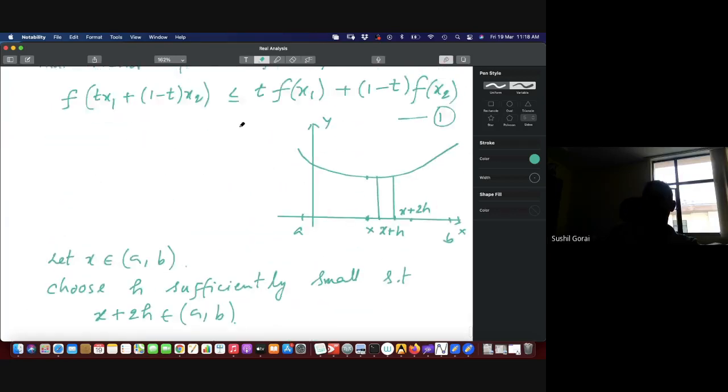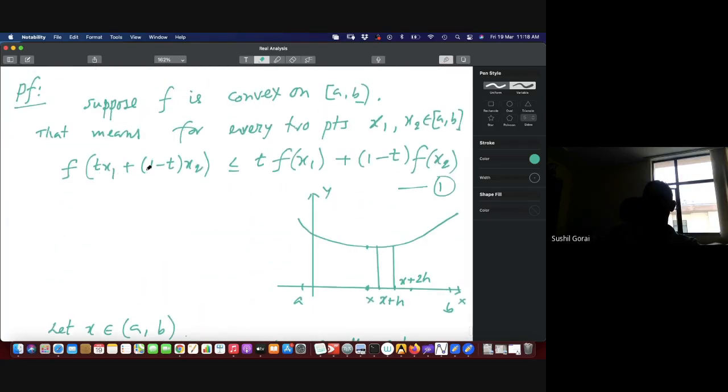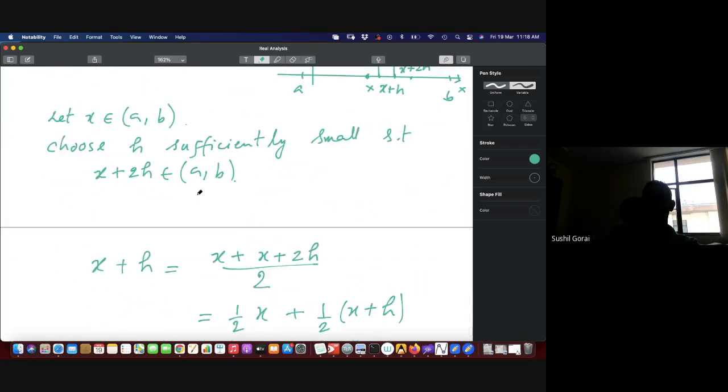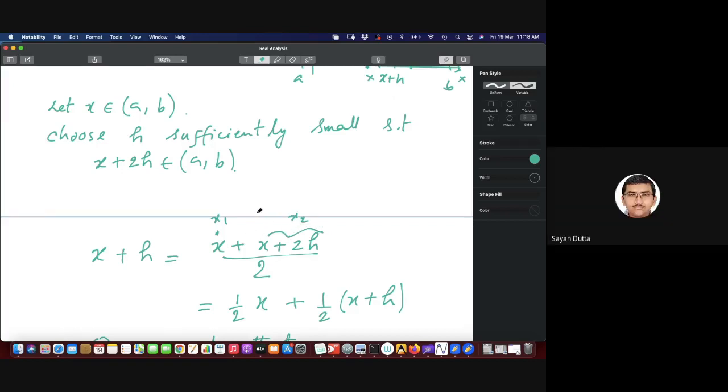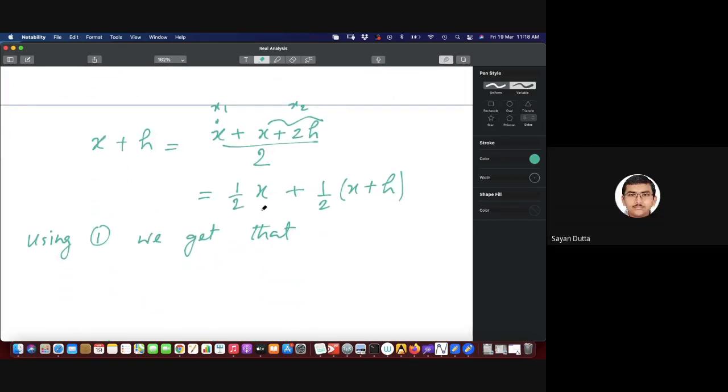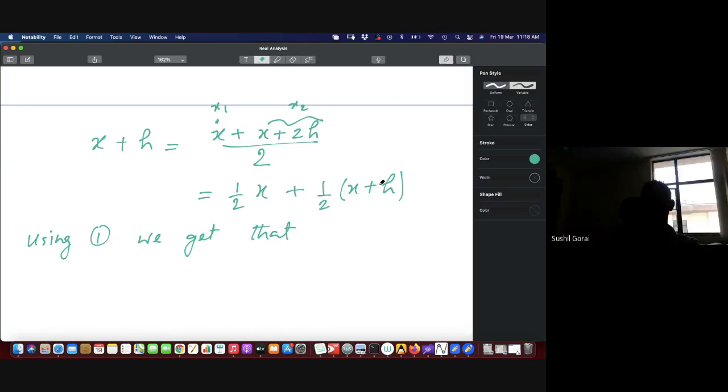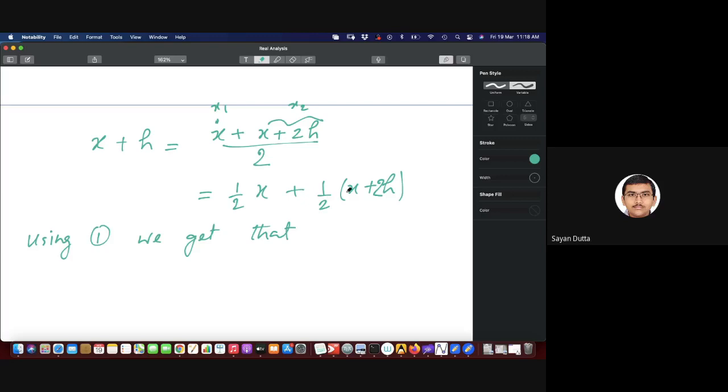No, we want to write in this form t x1 plus (1 minus t) x2. So this is x1 and this is x2. So in the next line, half x plus half of (x plus 2h). Yeah, gotcha. Thanks. This is 2h.